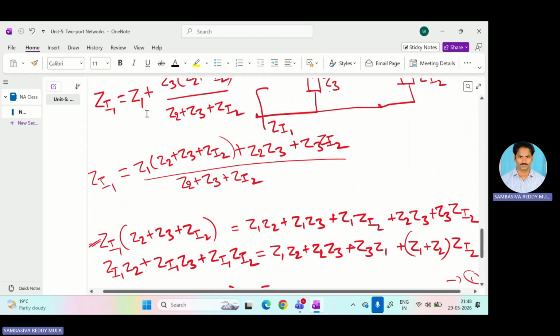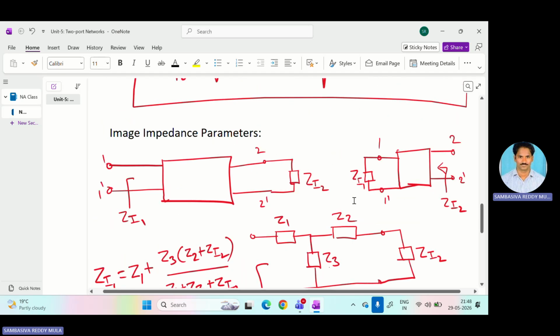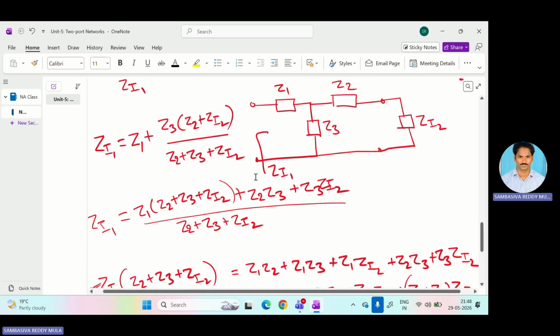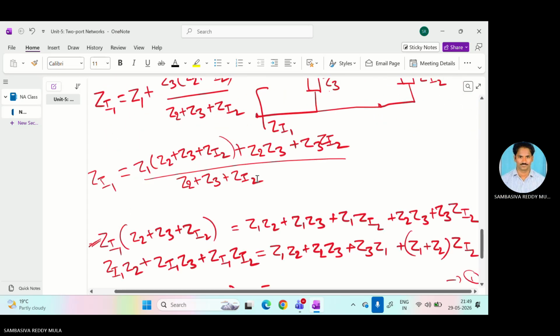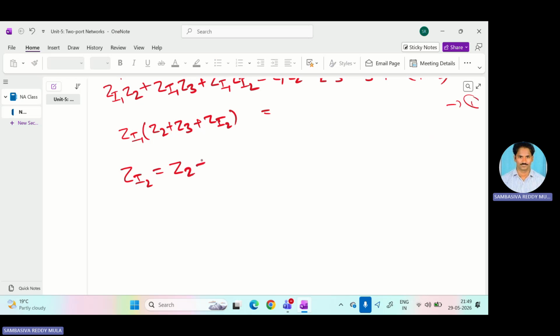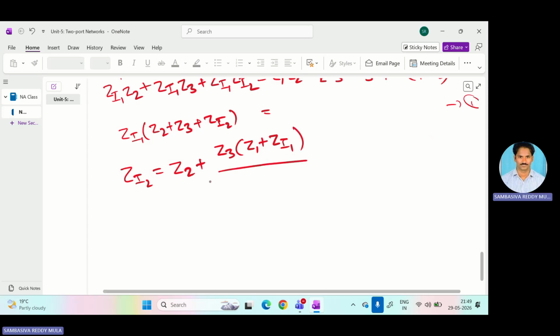If you measure ZI2, when the T network is terminated with ZI1, we get Z2 plus Z3 into Z1 plus ZI1 divided by Z1 plus Z3 plus ZI1.